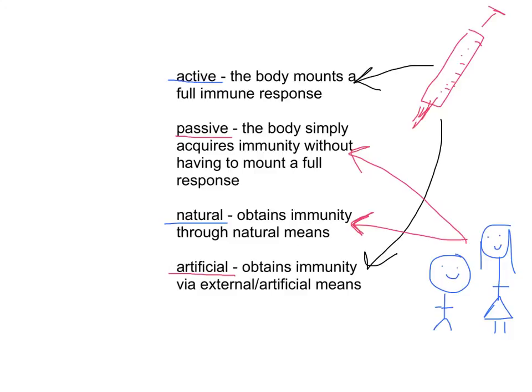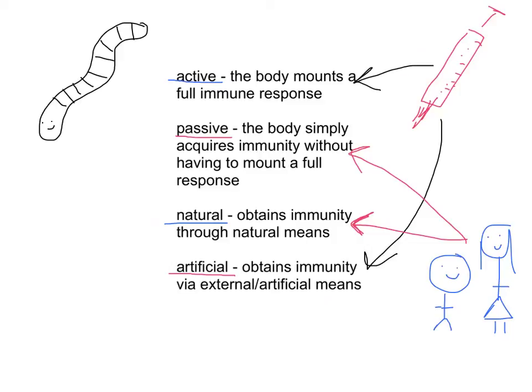So if we think of two other examples, I've got here a very bad drawing of a snake. Now, when you get bitten by a snake, if it's a venomous snake, it will inject you with its venom. And to counter that, you would need an anti-venom. That's an antitoxin. Now, when you give an antitoxin, your body isn't making any immune response.